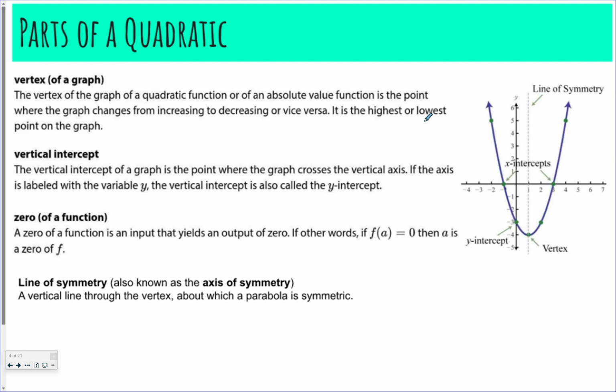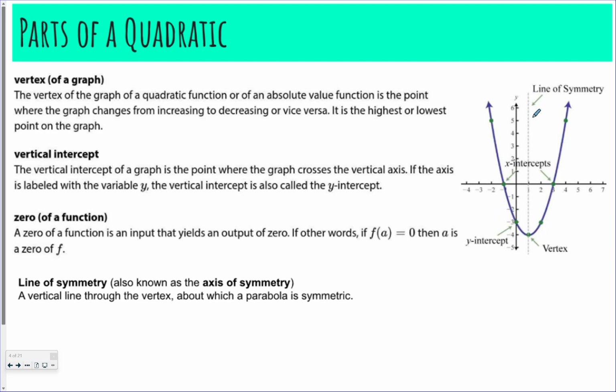Okay, here are some of the parts of the quadratic. A vertex is always going to be the point that is considered either the highest or lowest point of the parabola, depending on which way it's facing. Another way to look at it is it's the point where the graph changes direction.